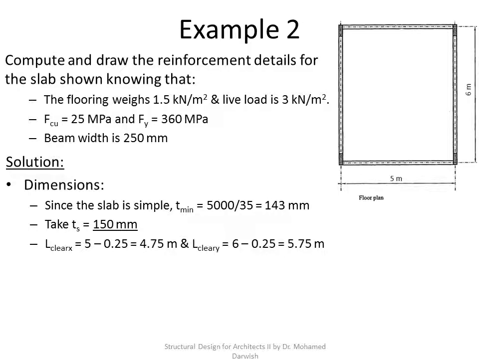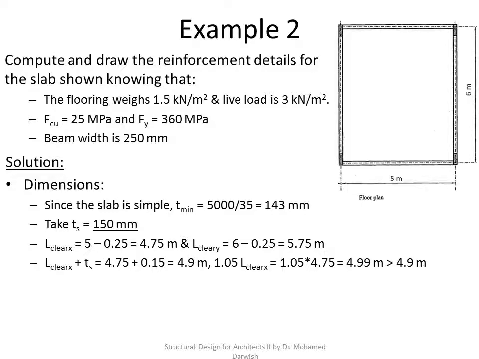So the clear span in one dimension is 4.75 and in the other dimension is 5.75. In one dimension the clear span plus the thickness is 4.9, while 1.05 times the clear span is 4.99, so it's more than 4.9.